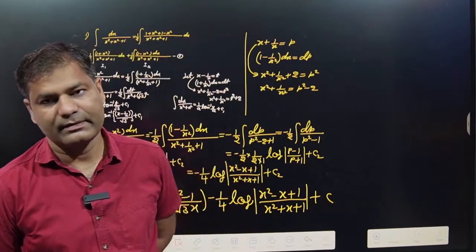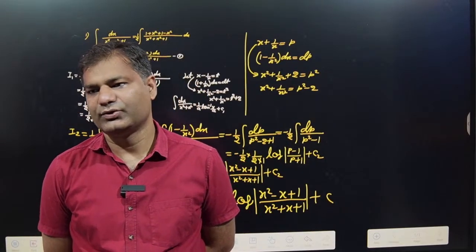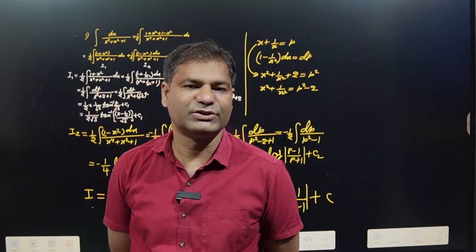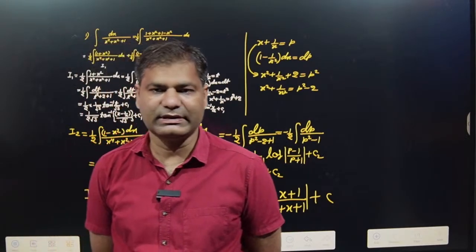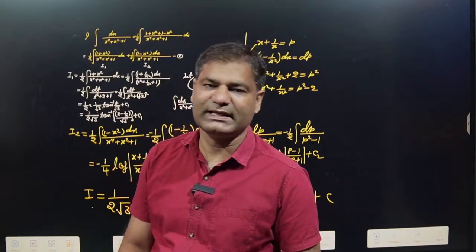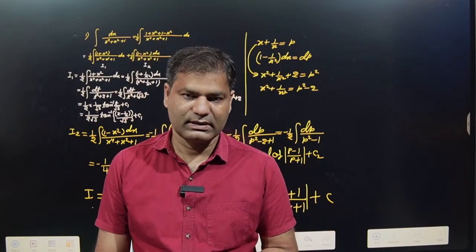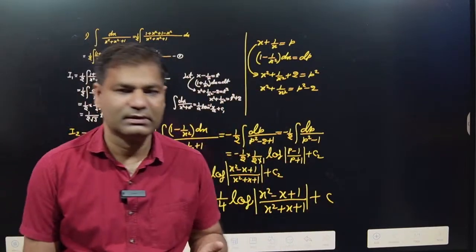And after that, basically if you divide by x square, then in denominator you can form x plus 1 by x to the whole square or x minus 1 upon x to the whole square. Okay, but here not given, so how can we make?